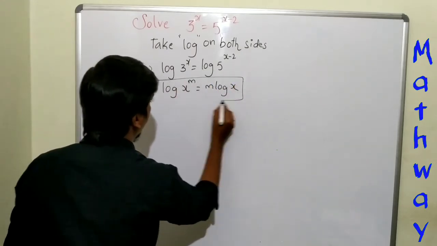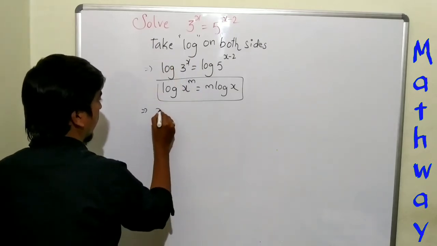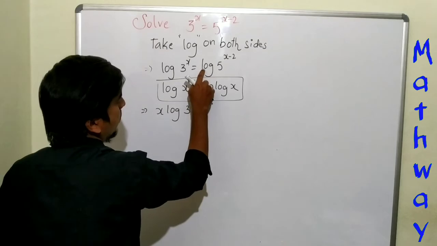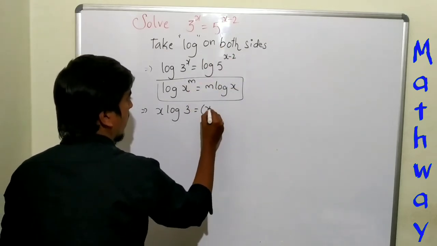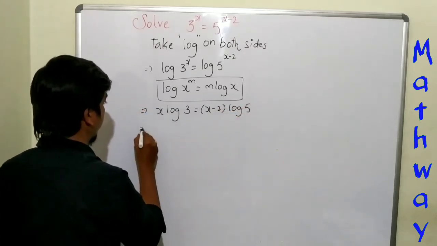So by using this formula, you can write it as, so this exponent will come forward. X log 3 equal to, here same, log x power m, exponent will come to the front. X minus 2 log 5.